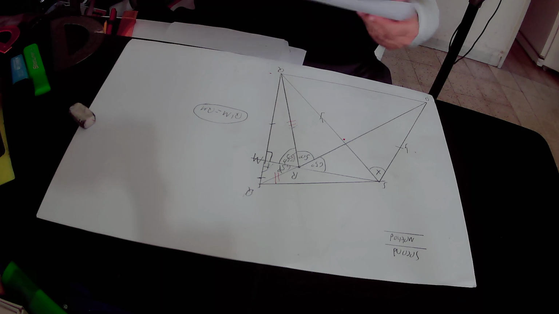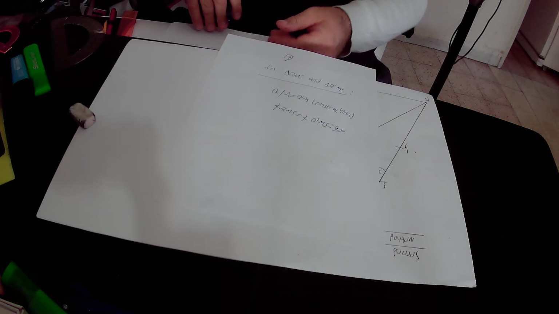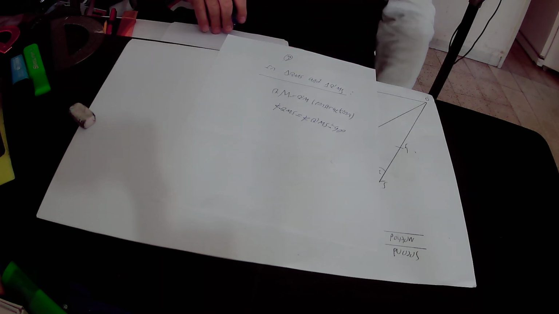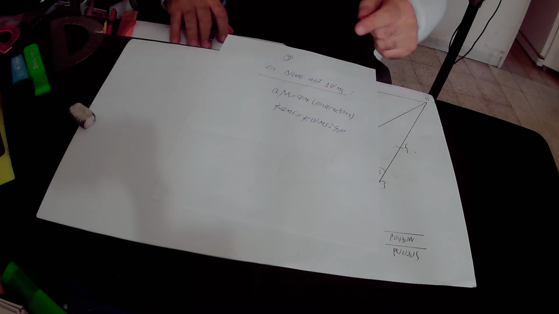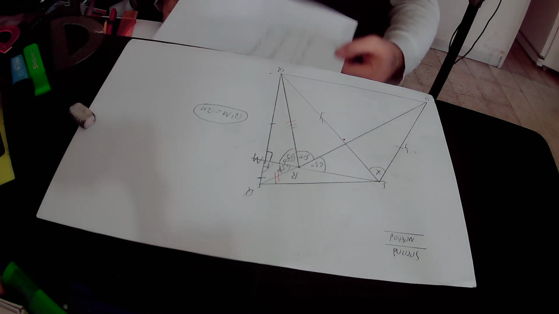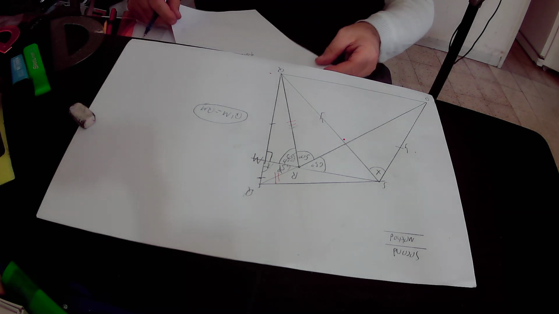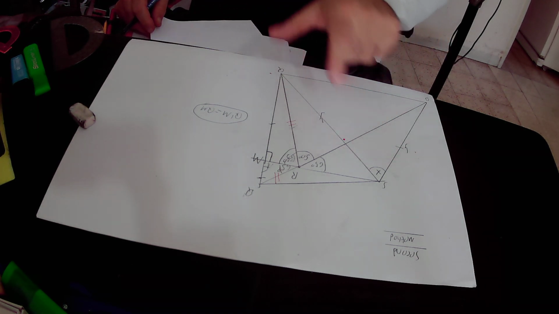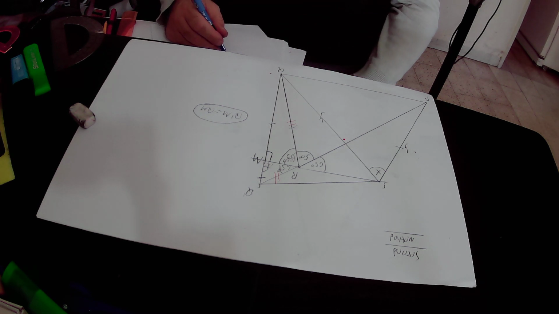I repeat, angle QMS is equal to angle Q'MS, and they are both equal to 90 degrees, and they also have a common side. SM is equal to SM as a common side. Actually, SM belongs to both triangles.